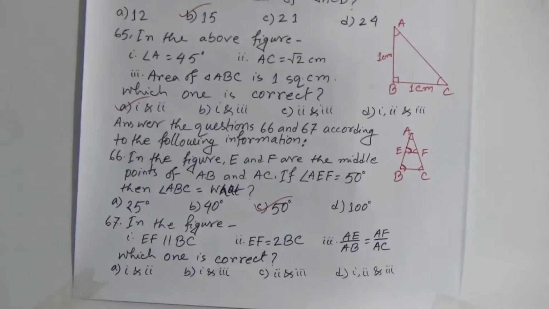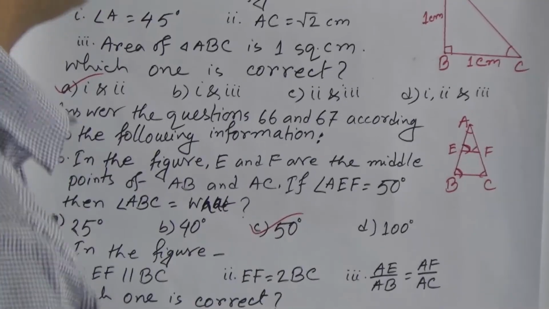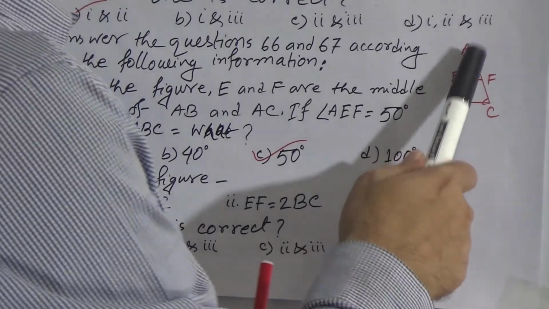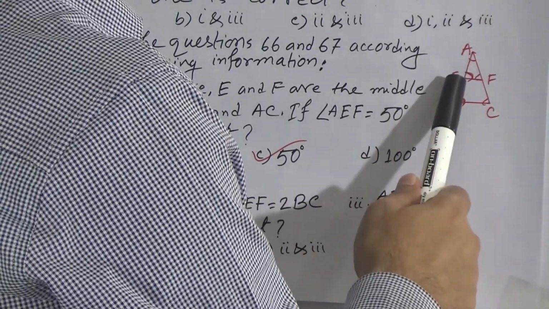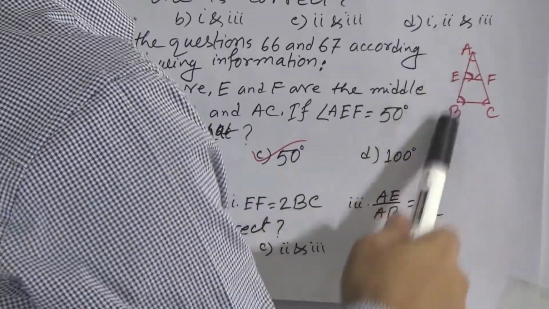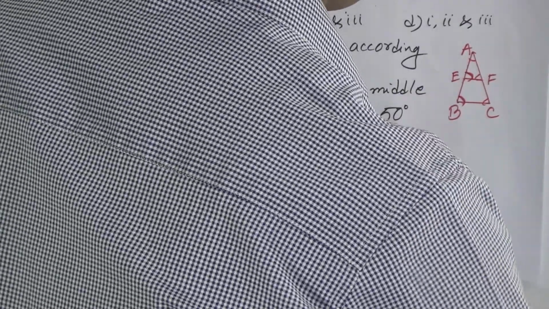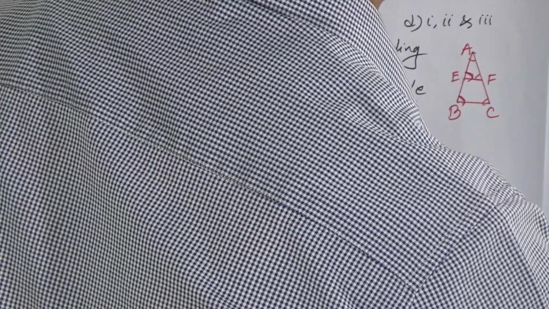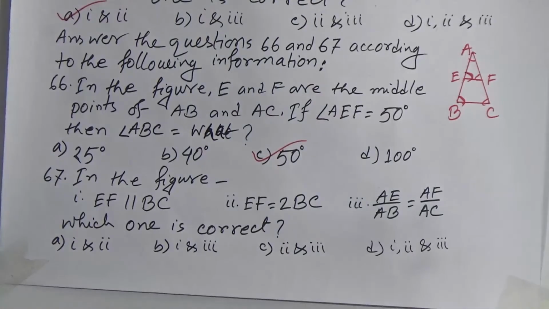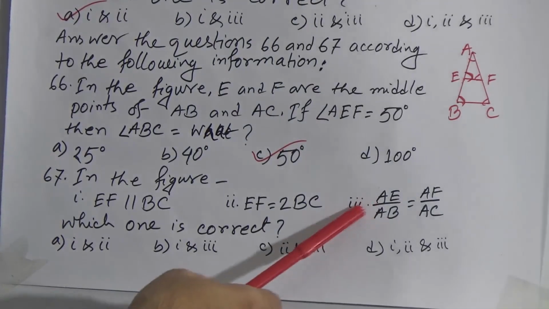So these two triangles are similar. So the ratio of AE and AB must be equal to the ratio of AF and AC. So you can say statement 3 is correct.